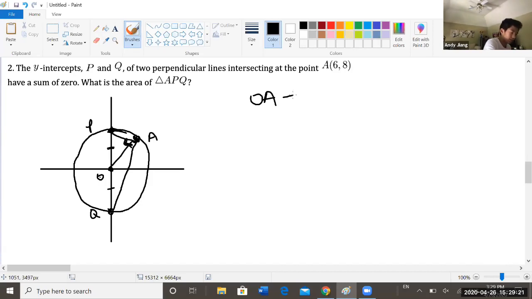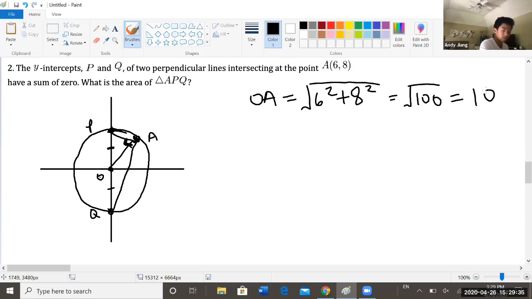And this has length the square root of 6 squared plus 8 squared, the distance between (6, 8) and (0, 0). And that's root 100, or 10. All right, so finally, I know that the radius is 10.